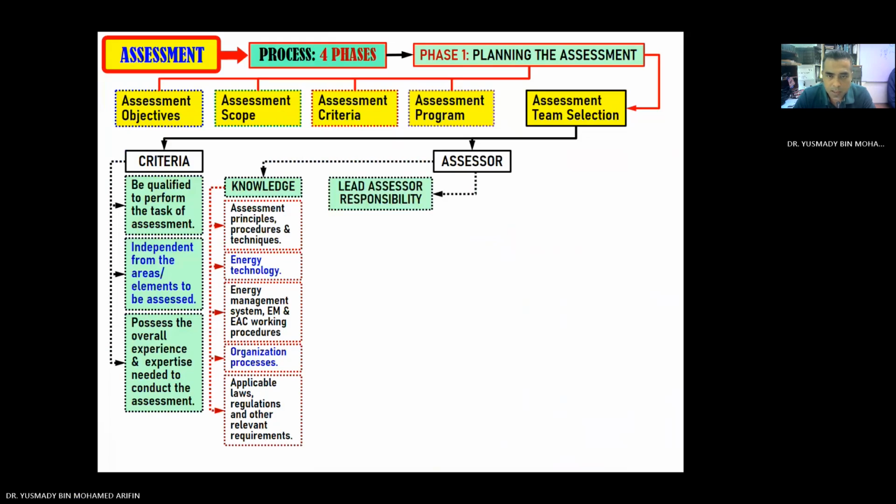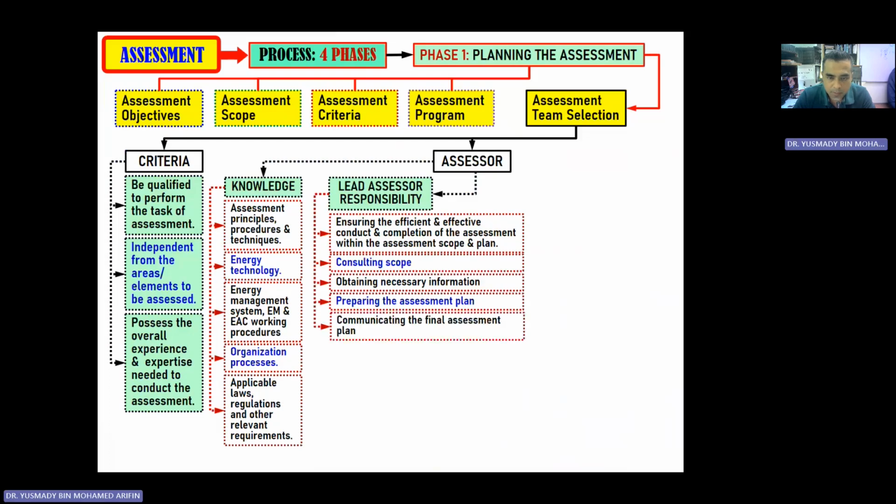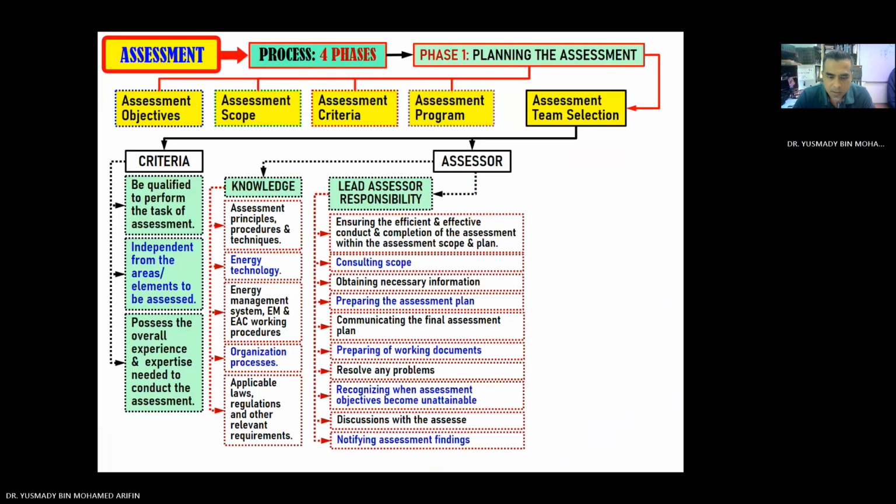Specific for the lead assessor, the lead assessor's responsibility is that the leader must ensure the efficient and effective conduct and completion of the assessment within the assessment scope, plan, consulting scope, obtaining necessary information, preparing the assessment plan, communicating the final assessment plan, preparing working documents, resolving any problems involved, recognizing when assessment objectives become unattainable, discussion with the assessee, notifying assessment findings, and reporting to the management.